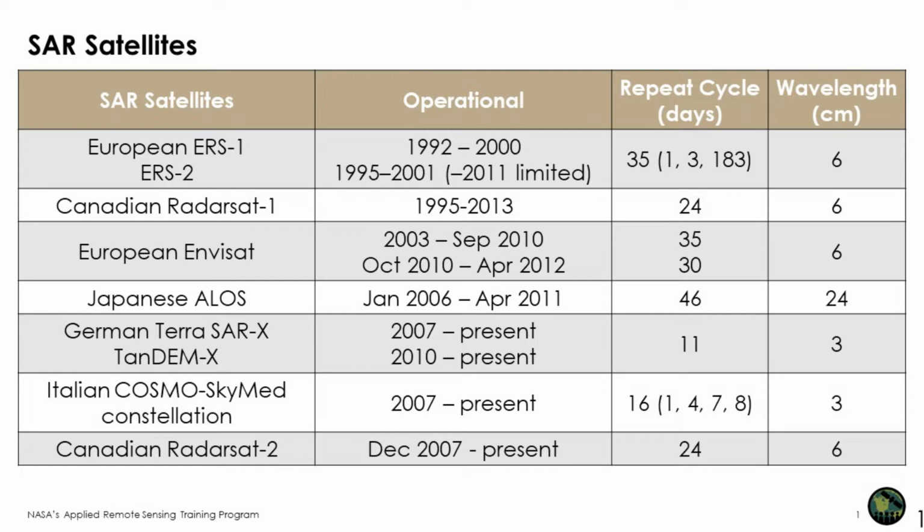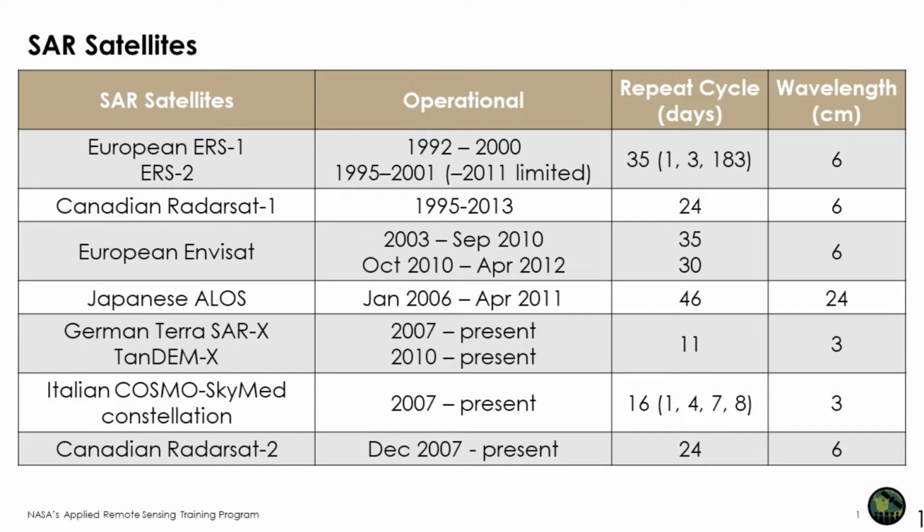The Japanese Aerospace Exploration Agency, JAXA, operated a satellite called ALOS from January 2006 to April 2011. That had a 46-day repeat, quite a long repeat interval, and that one was an L-band satellite with a 24-centimeter wavelength.